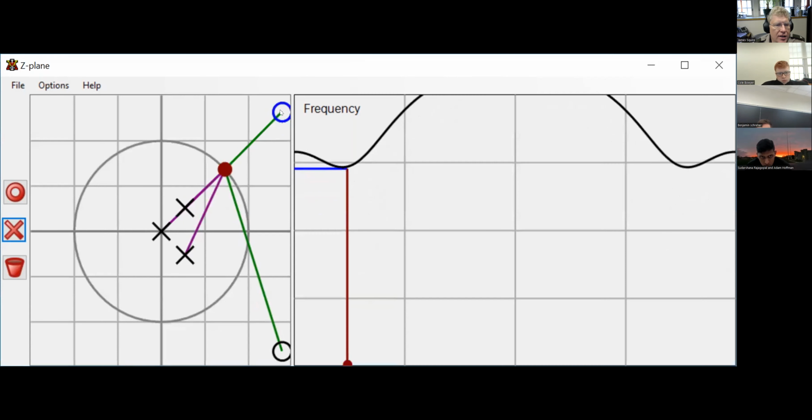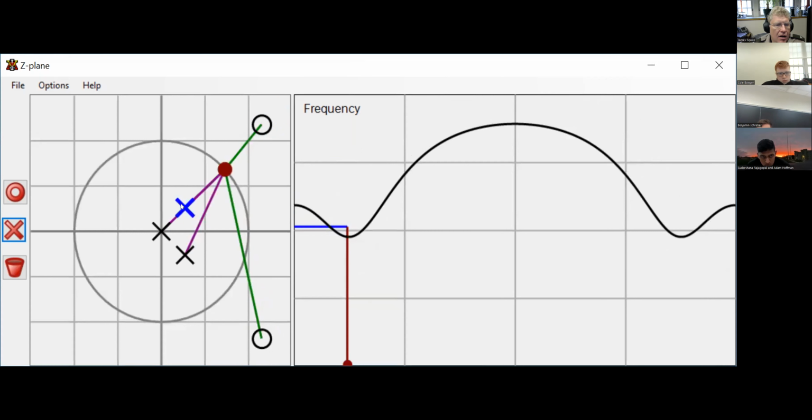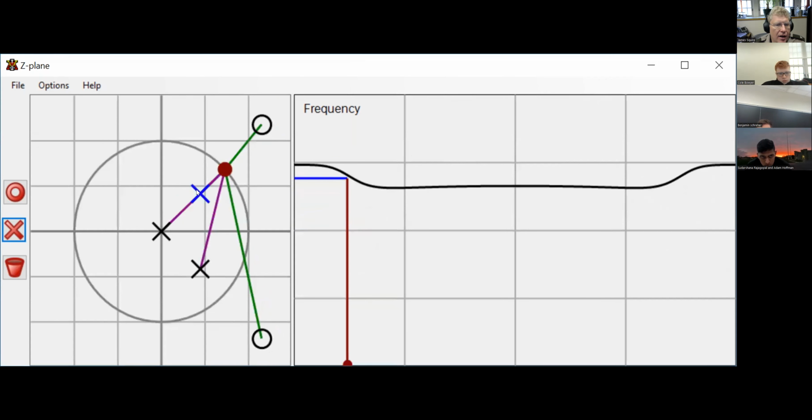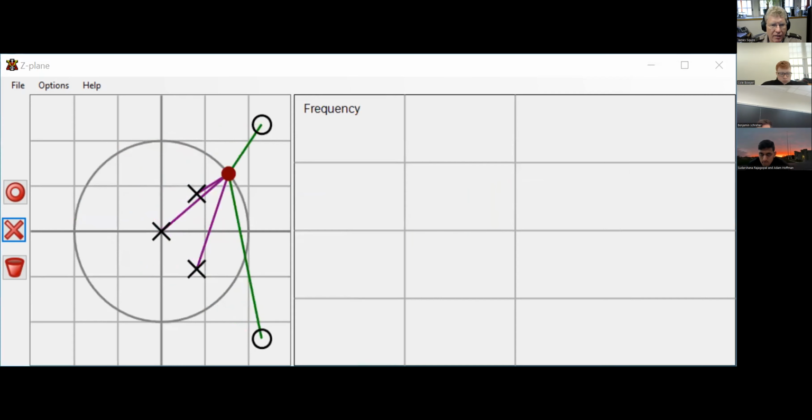If I could do this exactly. There we go. I can almost do it exactly. If I could do it exactly, Raj, if we could balance out zeros and poles at reciprocal pairs, we could create a unity gain transfer function that would be completely flat in frequency at all frequencies, at every single one.